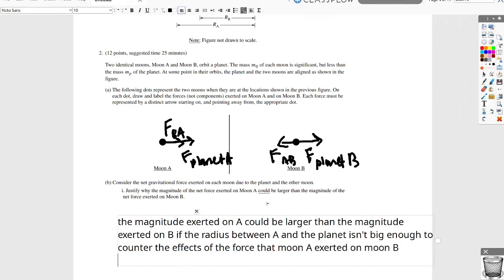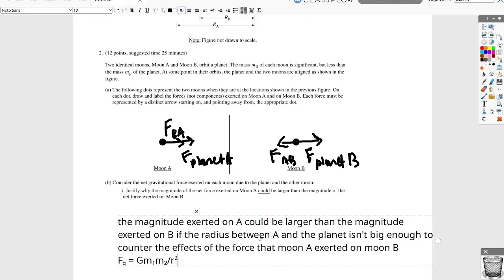In equation form, the force of gravity is equal to G m1 m2 over r squared.